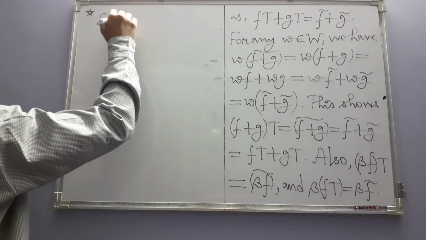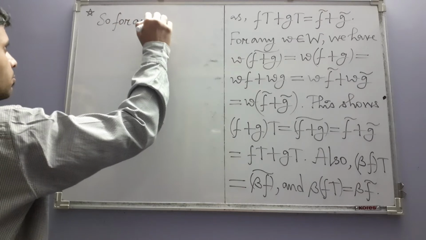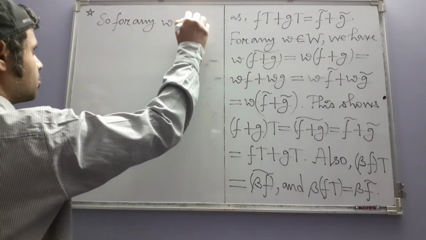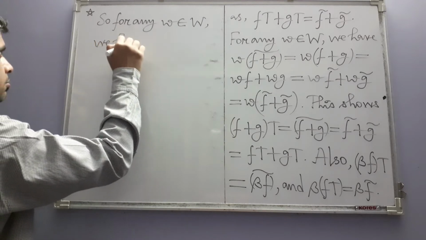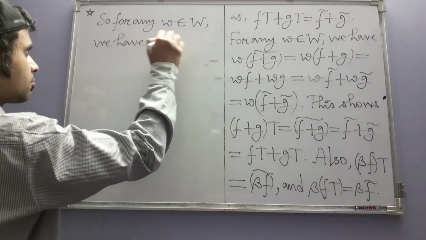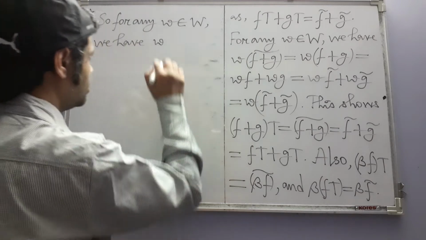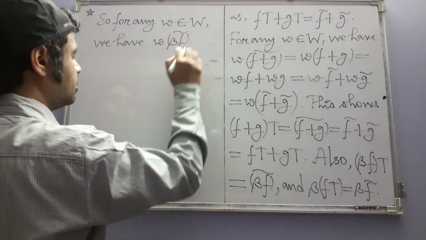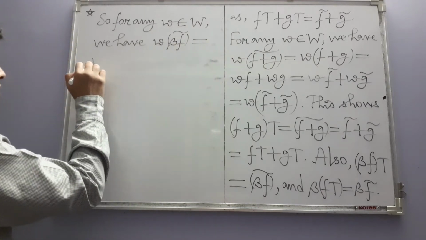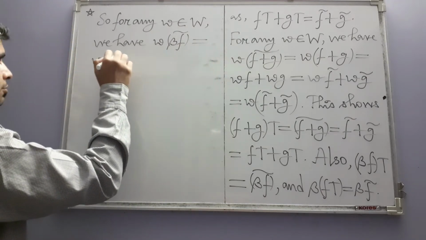So for any w coming from W, we have (βf)~. By definition, this is nothing but the w image of βf.